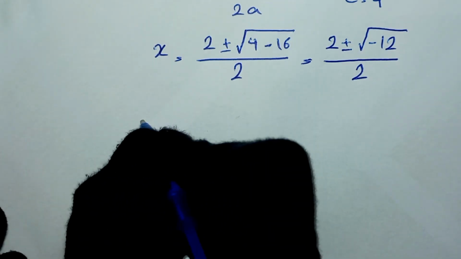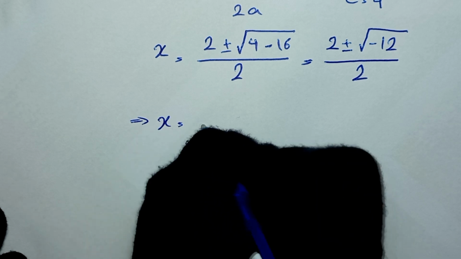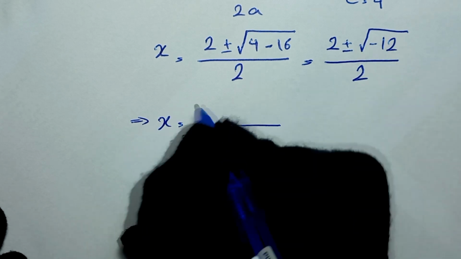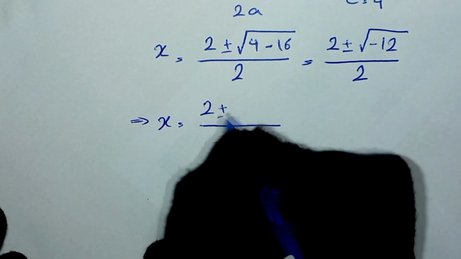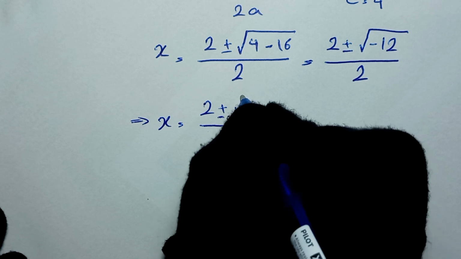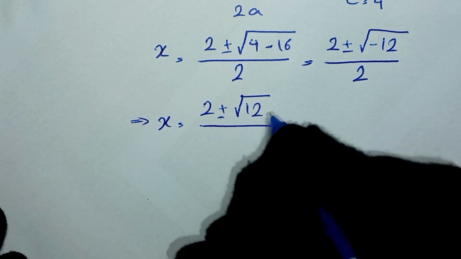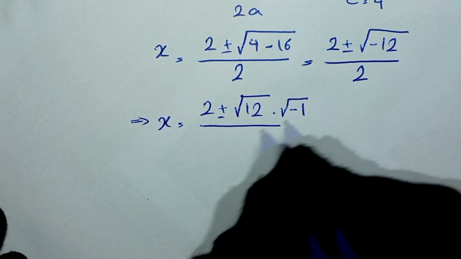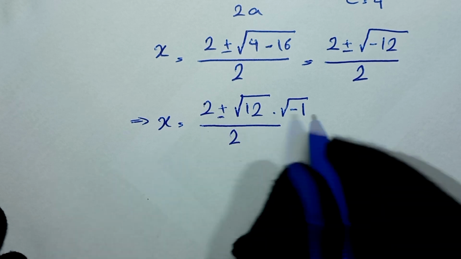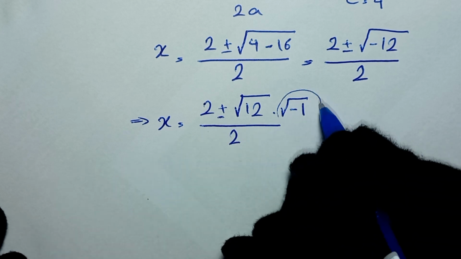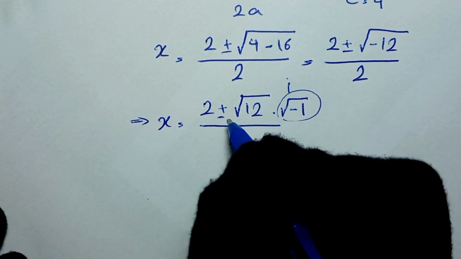And we can write here x is equal to 2 plus or minus the square root of 12 times the square root of negative 1, over 2. And this square root of negative 1 is i.